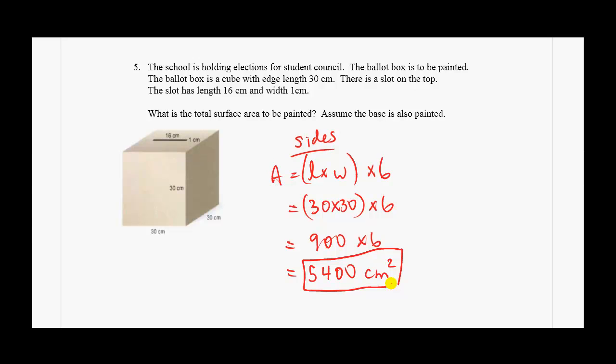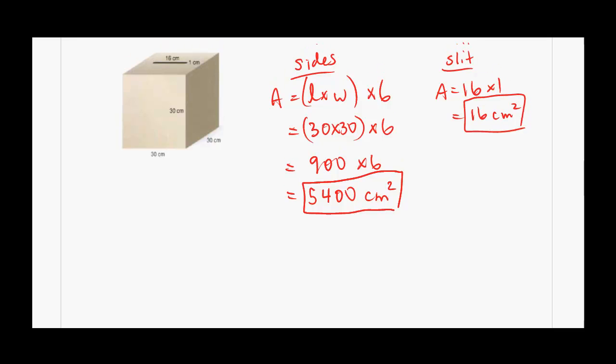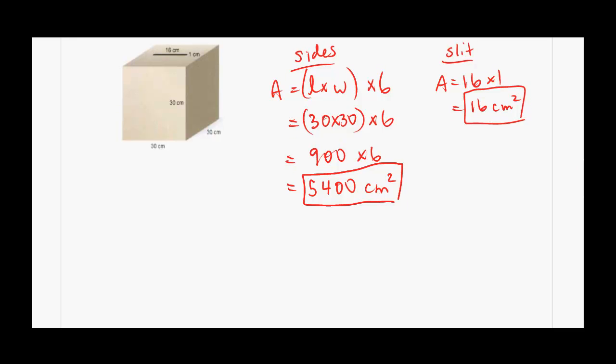Before we say that this is how much needs to be painted, we need to recall that the slit is at the top, and that will not require paint. So we need to find the area of that slit, 16 square centimeters, and subtract the slit's area from the total surface area of all the sides.